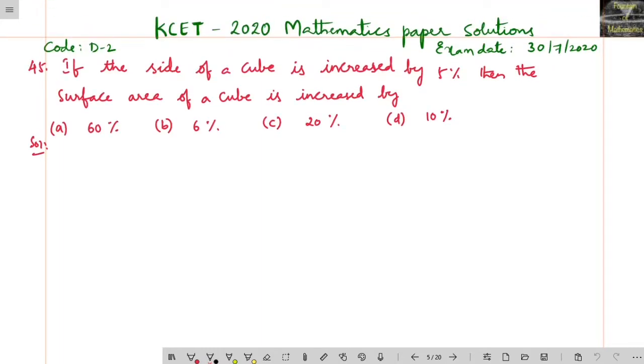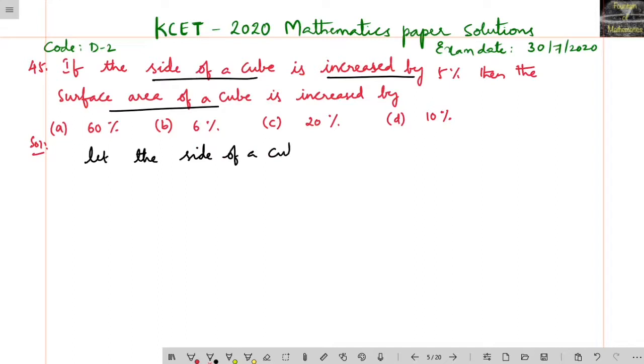Next question, question number 45. If the side of a cube is increased by 5%, then the surface area of a cube is increased by how much percent? If the side of a cube, let the side of a cube be some x units you take, then its surface area will be 6x square units.